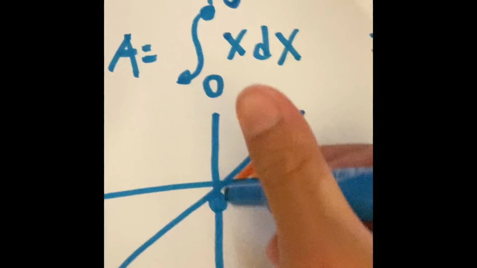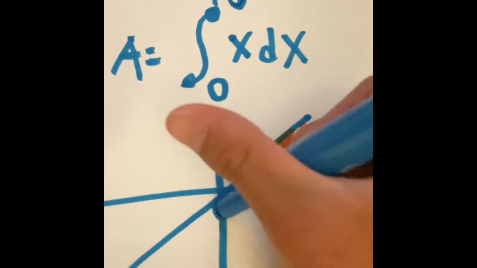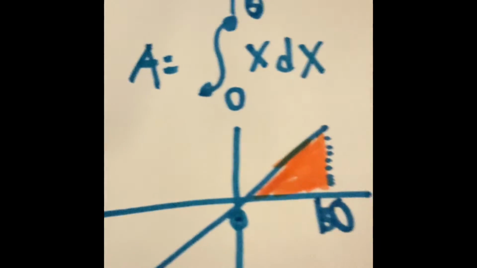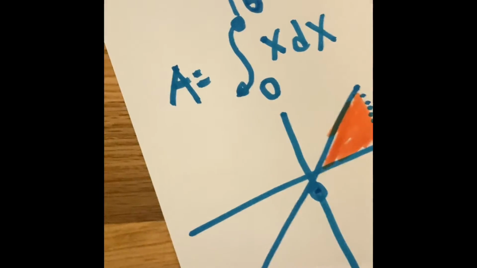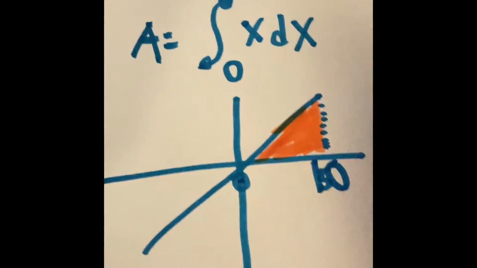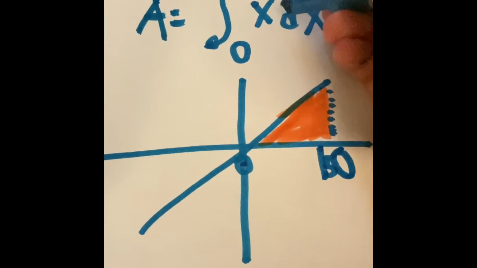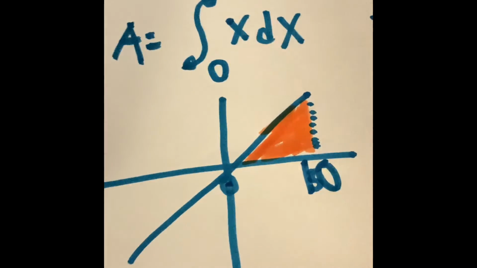So that is saying, what is the area of this triangle when you mark it from 0 to 10 on the x-axis? If you ever watched our video on finding the area under a curve, we're going to do that process. First we have to worry about the letter x, and we're going to try to find the antiderivative of x.